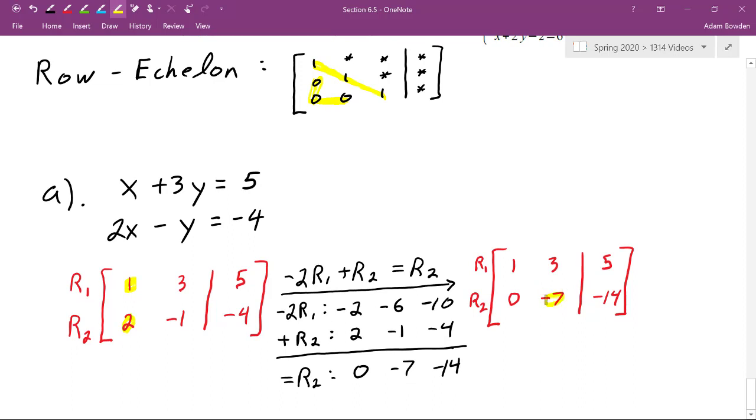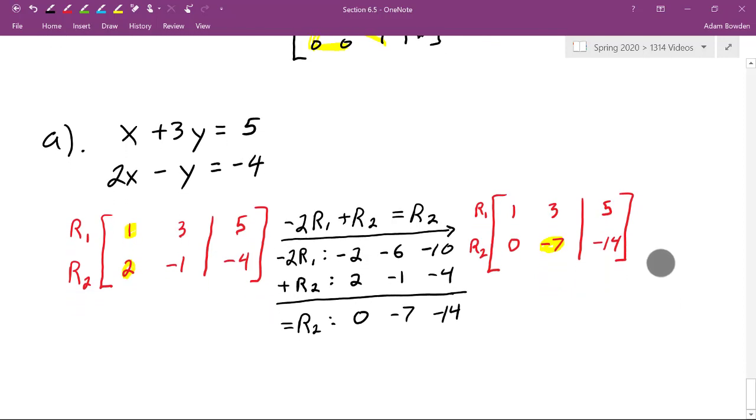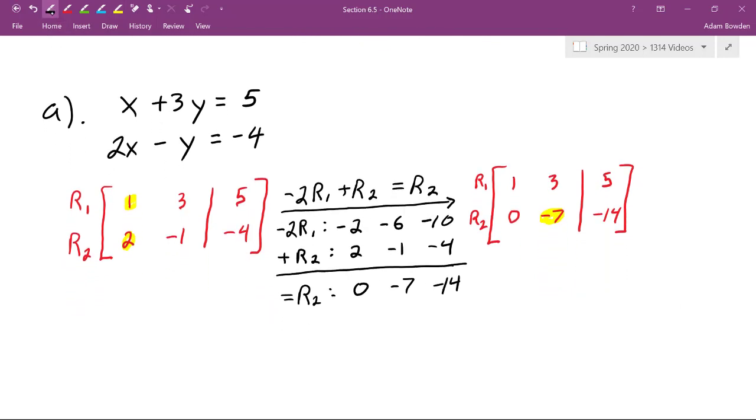The next thing is to get 1's diagonally down the matrix. So the next step would be to turn that negative 7 into a positive 1. The way I do that is by taking negative 1/7 times row 2 to equal a new row 2.